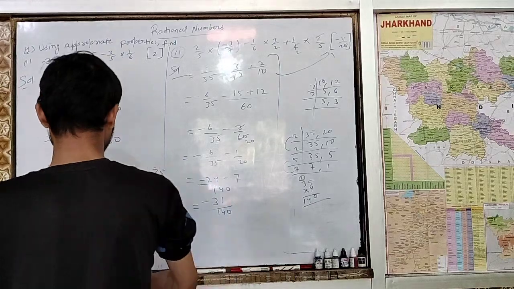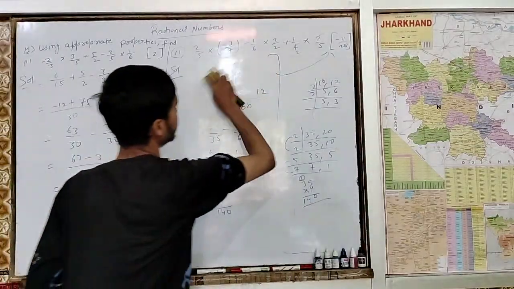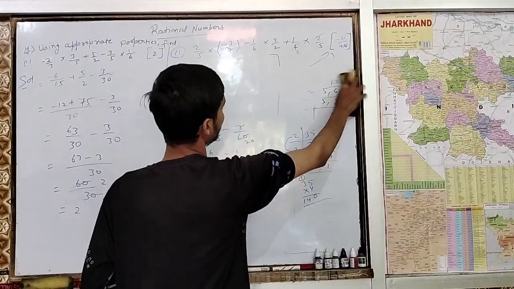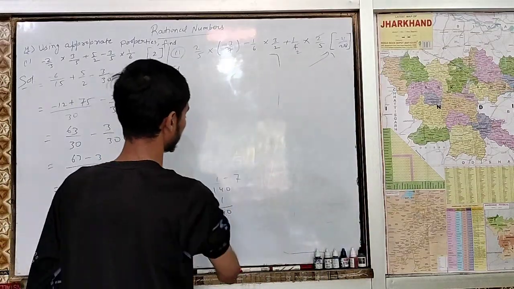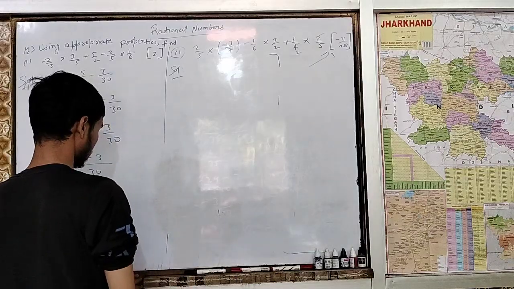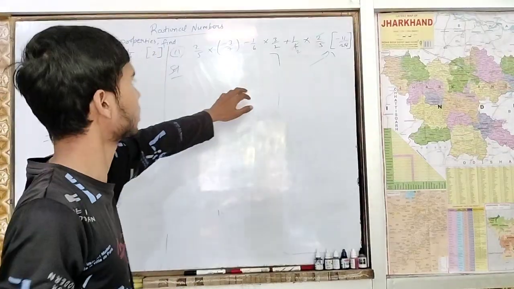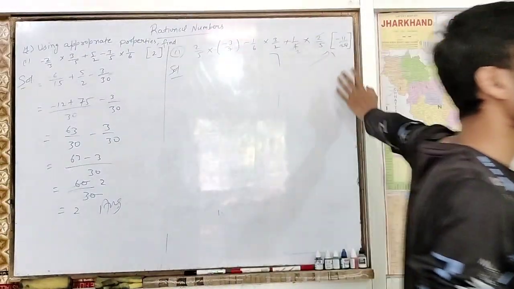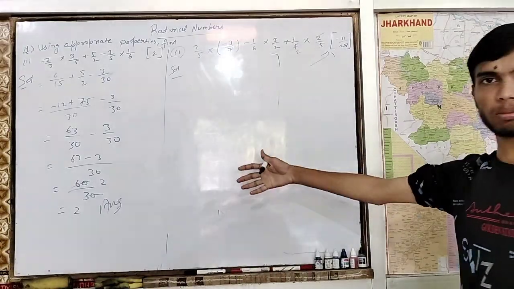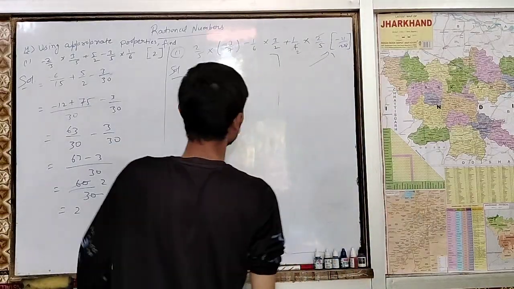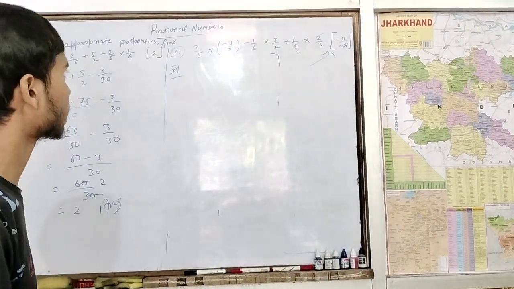If the answer is not coming like that, one more method we can do. Here you can see 2 upon 5 is in multiplication. Again here 2 upon 5 is present over here. So both are in multiplication. So both are the same. If both are the same, we can take it as a common.